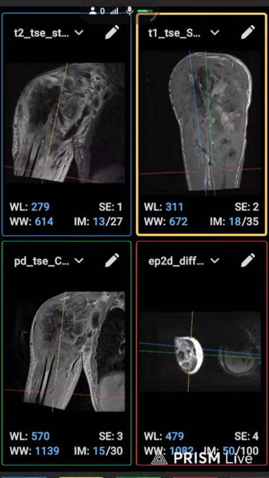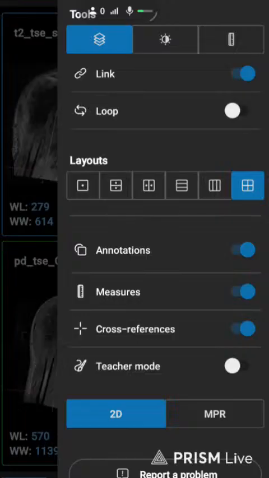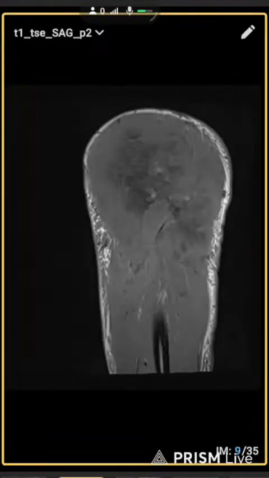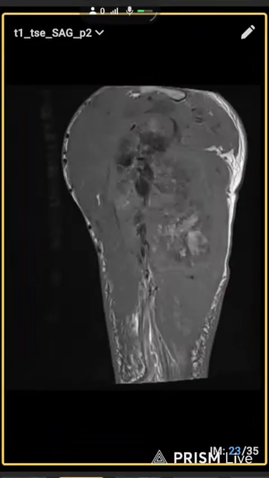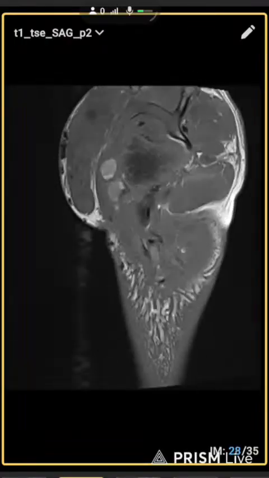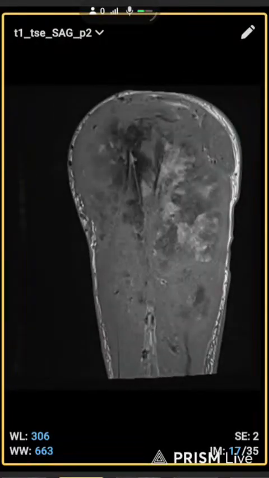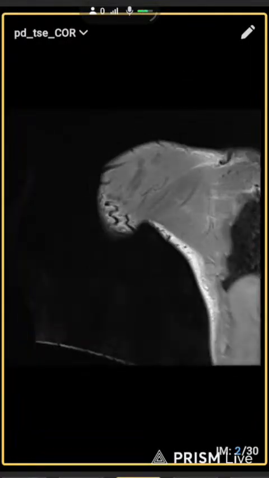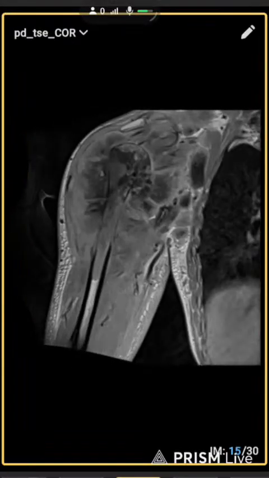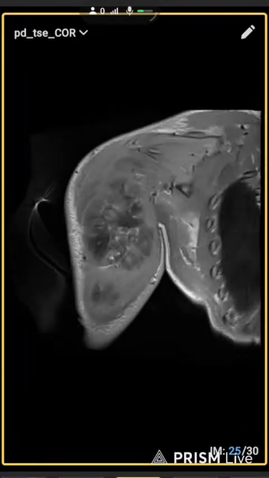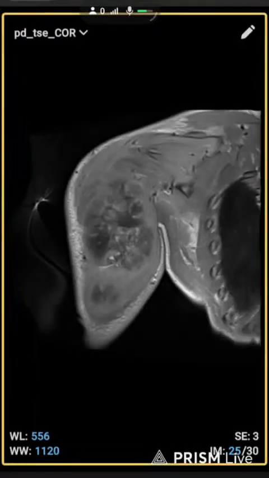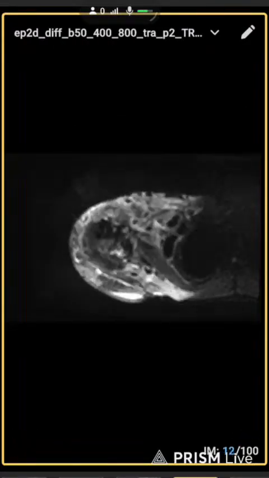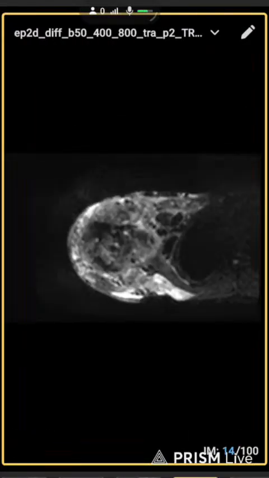So this is the T1 sequence. This is the PD coronal. Since we saw that there was artifact in this area, it happened just because this is not a normal sequence.